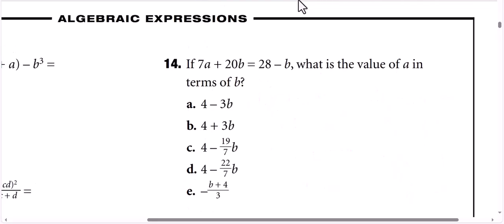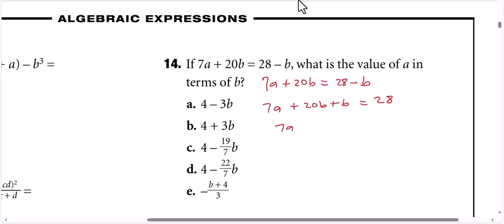Okay, so we have this 7a plus 20b is equal to 28 minus b. So we have some like terms here. b terms are like terms, so we can have 7a plus 20b plus b, taking this over, is equal to 28.